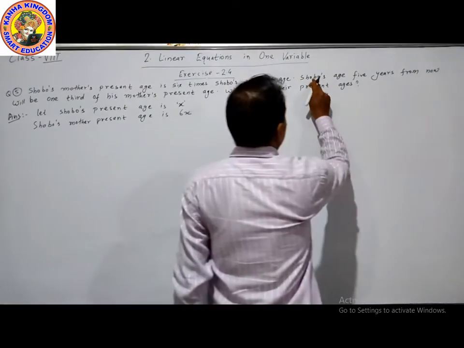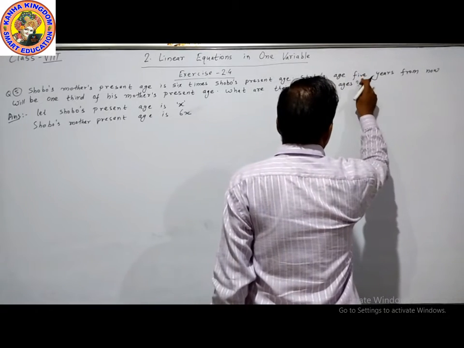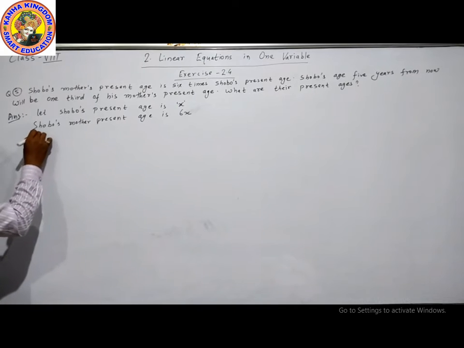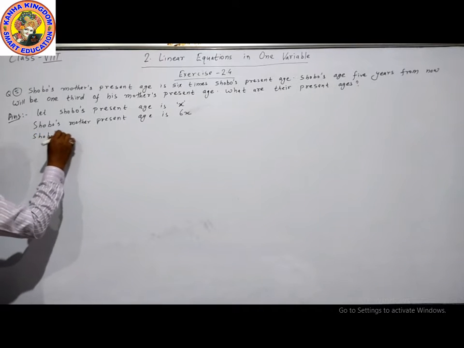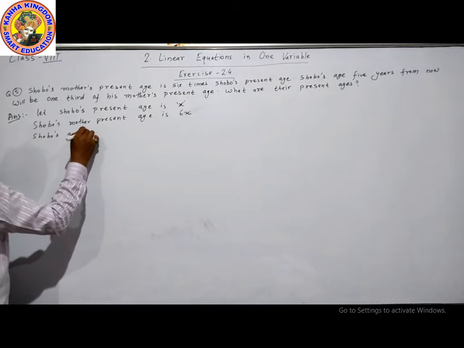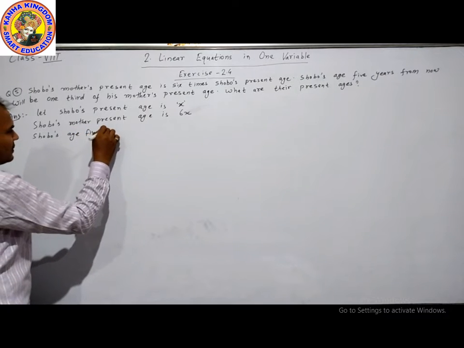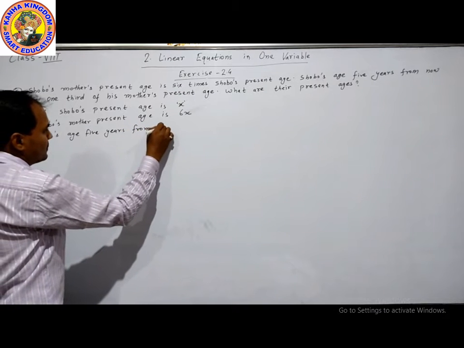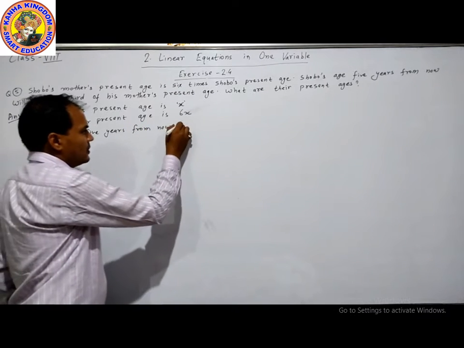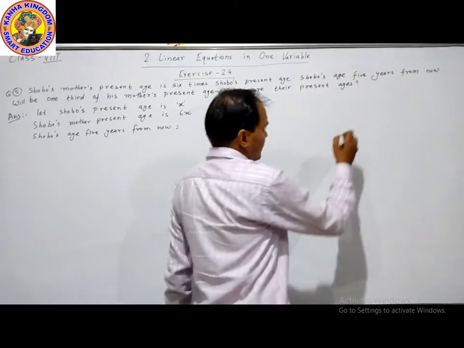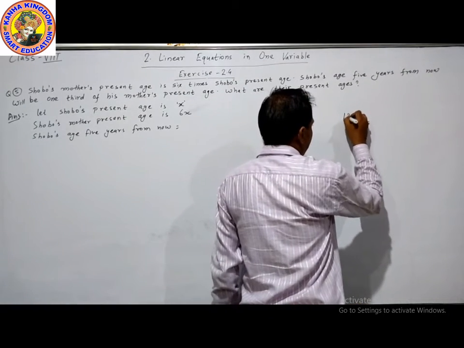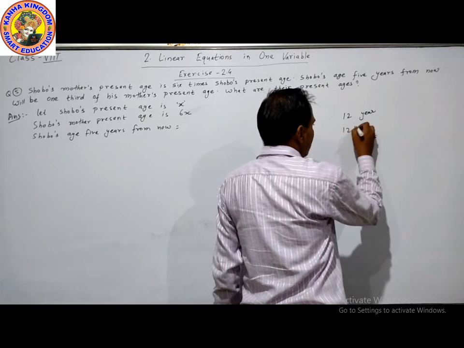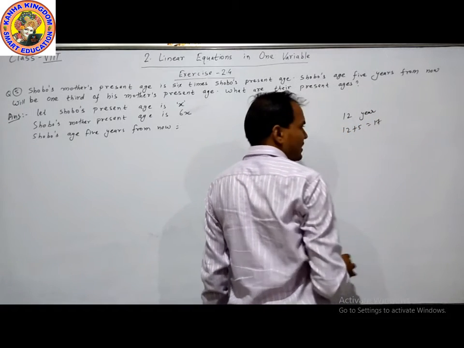In the second line, Sobo's age 5 years from now. If your age is 12 years, after 5 years you will be 12 plus 5, 17 years.